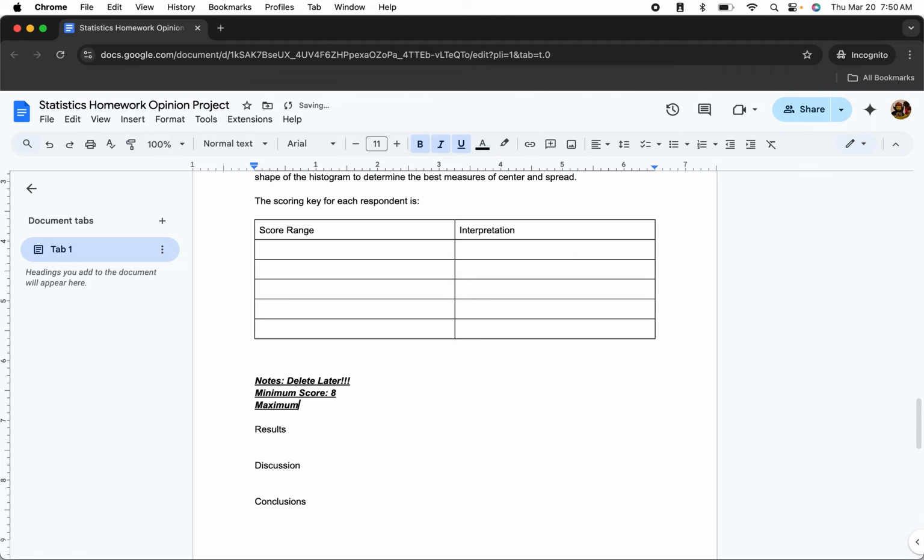My maximum score was 40 because I had 5 options on 8 questions, 5 times 8. Again, that is from my number of answer choices being 5 and the number of data gathering questions only. Don't include your demographic questions.